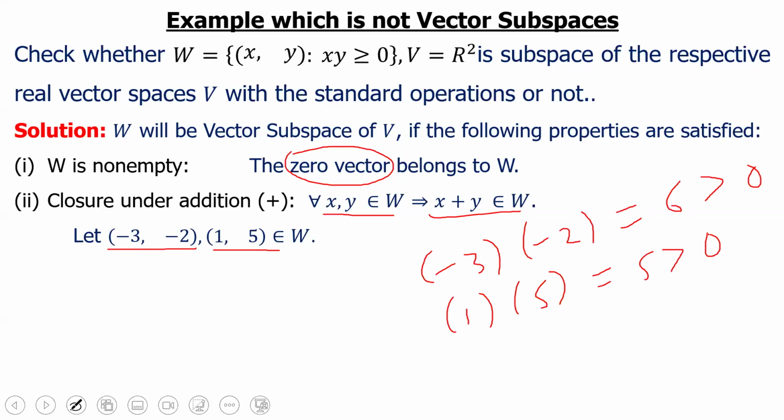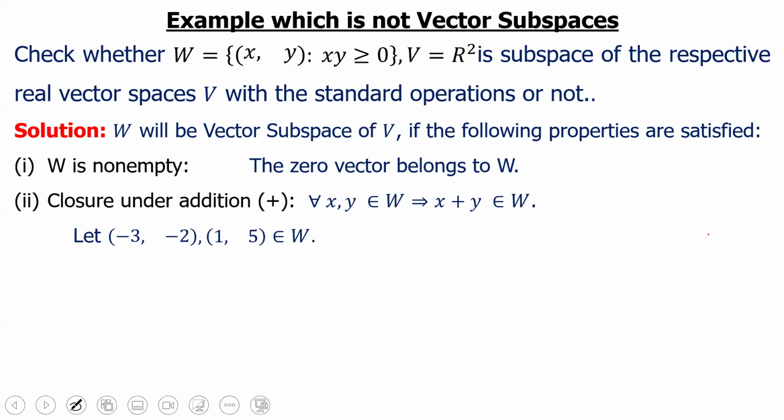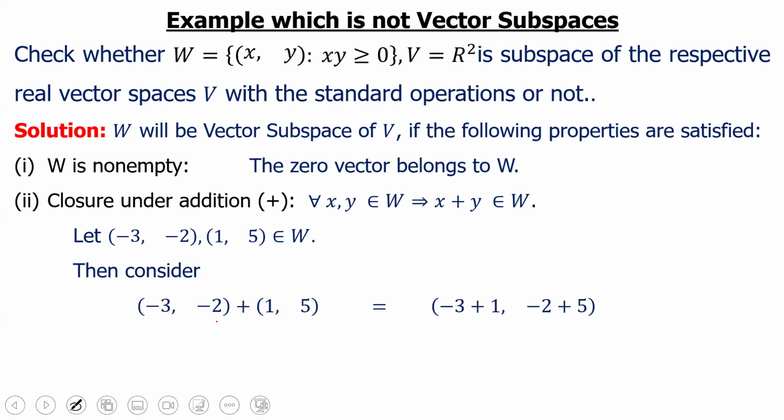This means (-3, -2) and (1, 5) both are elements of W. Let us add both elements. (-3, -2) + (1, 5): -3 + 1 is equal to -2, and -2 + 5 is equal to 3.